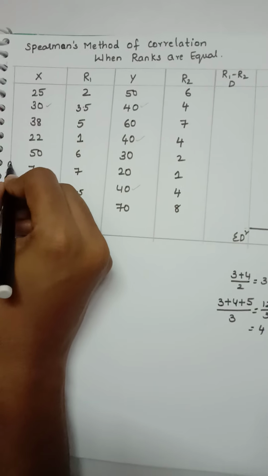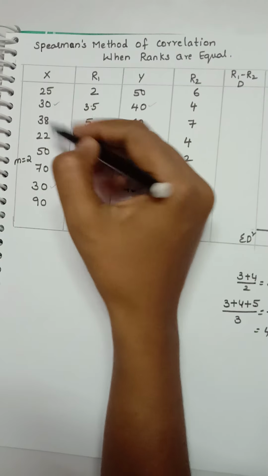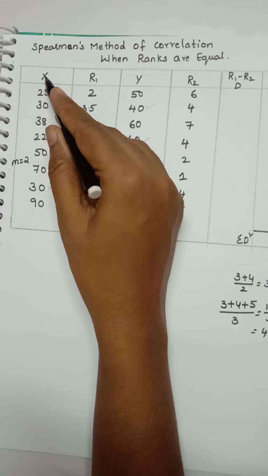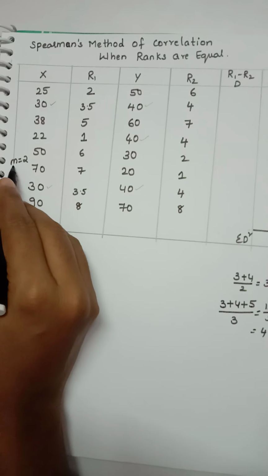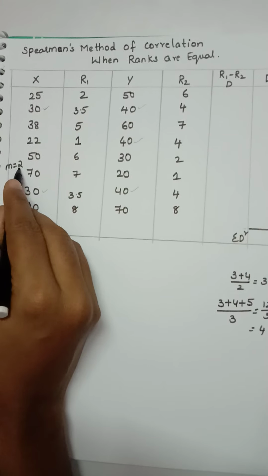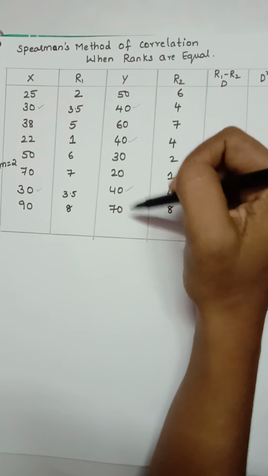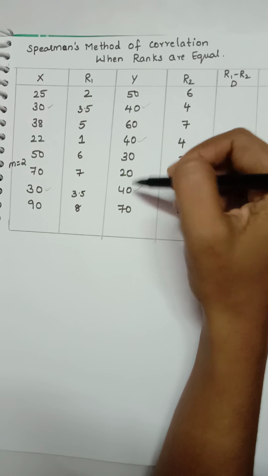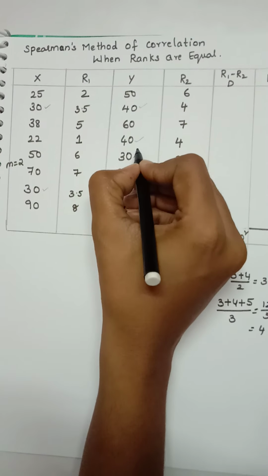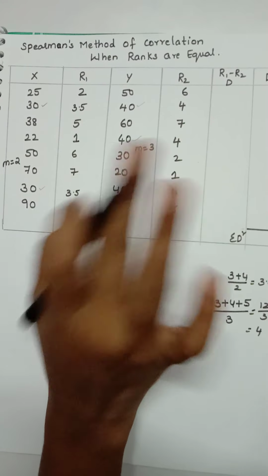So here the m value is equal to 2. Once again I am repeating: how many times is 30 repeating in the X series? 2 times. Coming to the y series, how many times is 40 repeating? 3 times. The m value is 3.